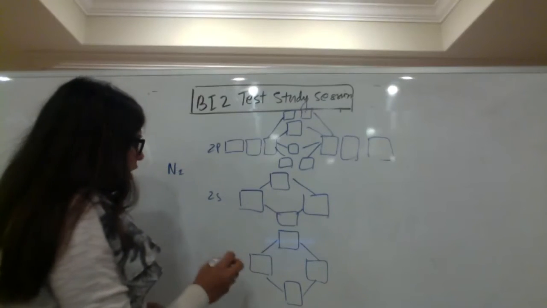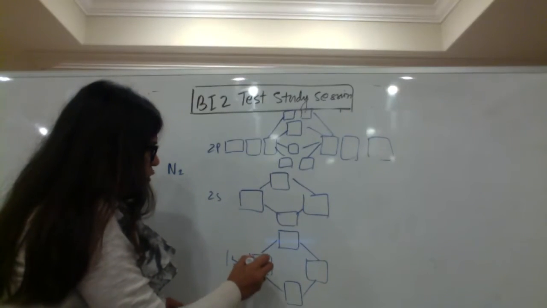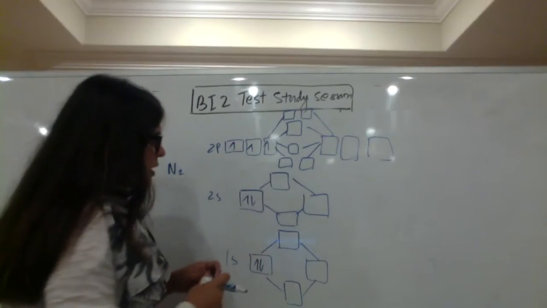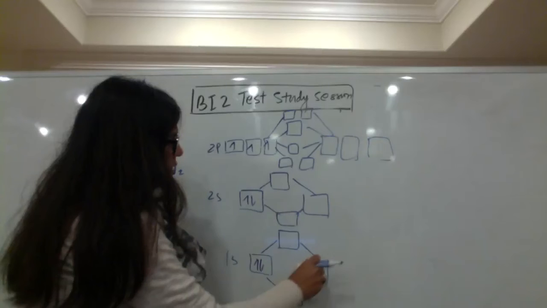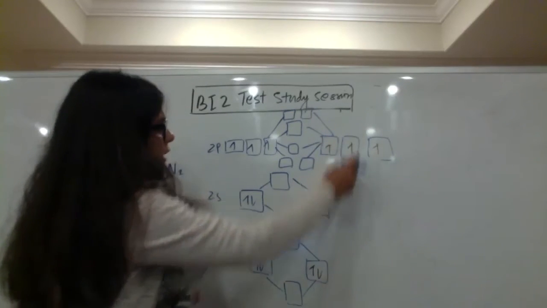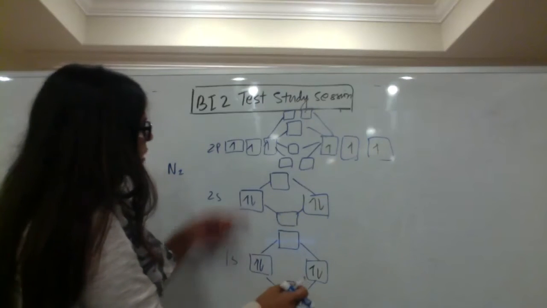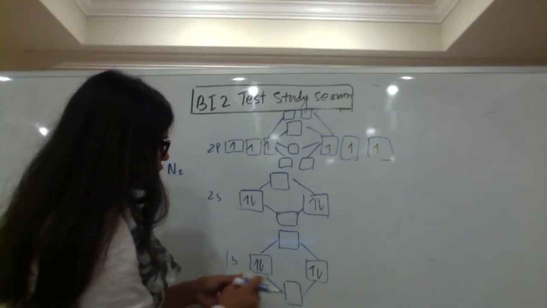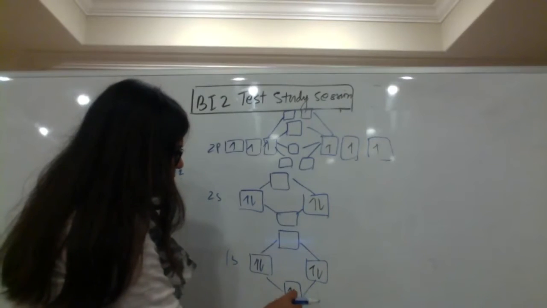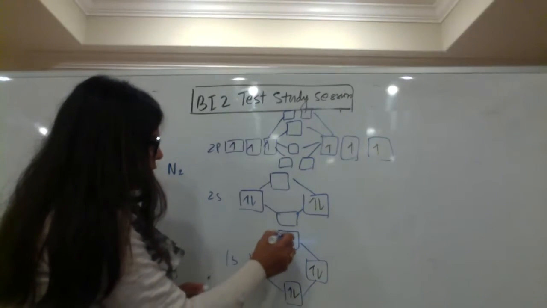Okay, so nitrogen has 7 electrons. So 1, 2, 3, 4, 5, 6, 7. And 1, 2, 3, 4, 5, 6, 7. I'm drawing the atoms, right? This is atom 1's electrons. This is atom 2's electrons. Now let's start putting them. There'll be 2 here, right? 1 from here, 1 from here.